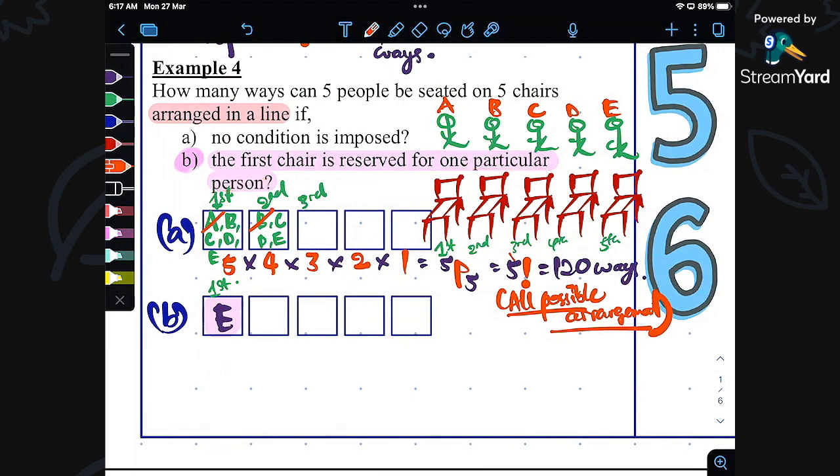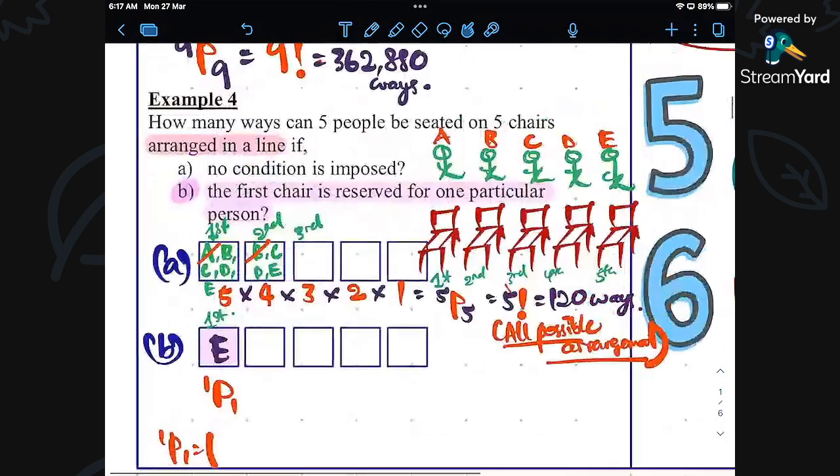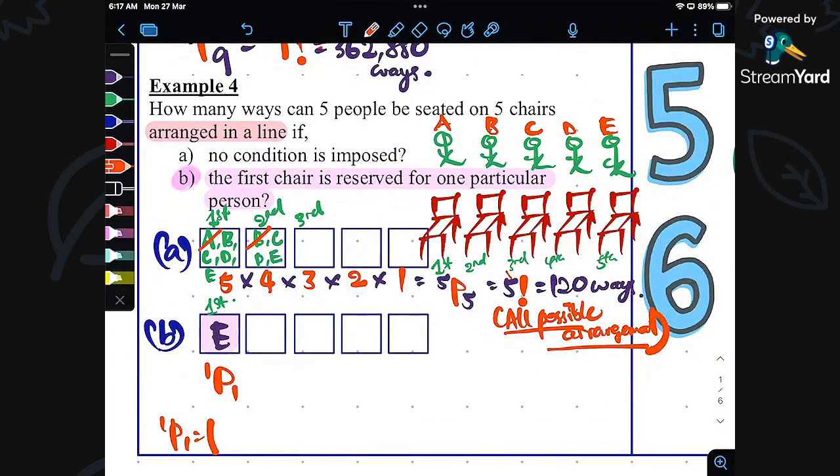So the way we write the permutation is 1P1. 1P1 is actually equal to 1. 1 means only one person can be seated on the first chair. That is what is meant by 1P1: one particular person.